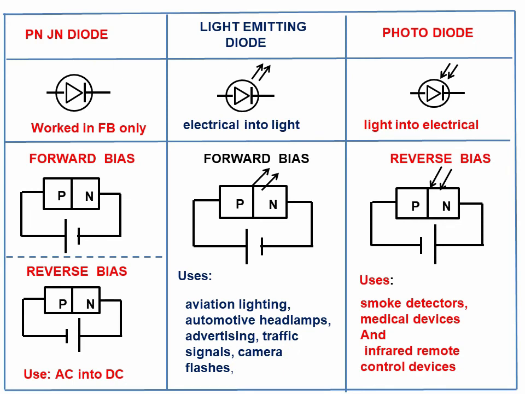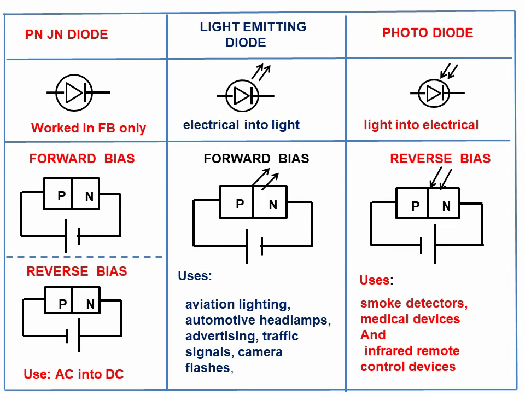This comparative tabulation is for points to remember. So, the PN junction diode symbol and the two bias conditions. What is the use of the PN junction diode? AC into DC. The light emitting diode should be connected only in forward bias, and it converts electrical energy into light energy. Uses of LED: aviation lighting, automotive headlamps, advertising, traffic signals, camera flashes.